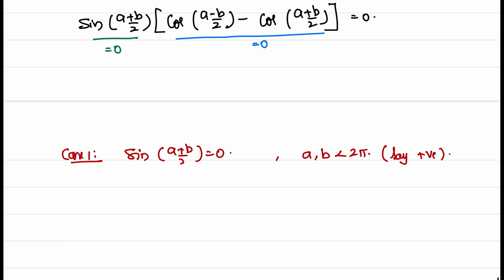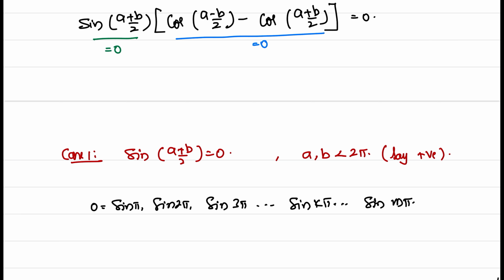Then what will be the solution? 0 will be sin pi is 0, sin 2 pi is 0. From the trigonometry identity, 0 is equal to sin pi, sin 2 pi, sin 3 pi, up to sin k pi, or anything, let us say, up to sin m pi.